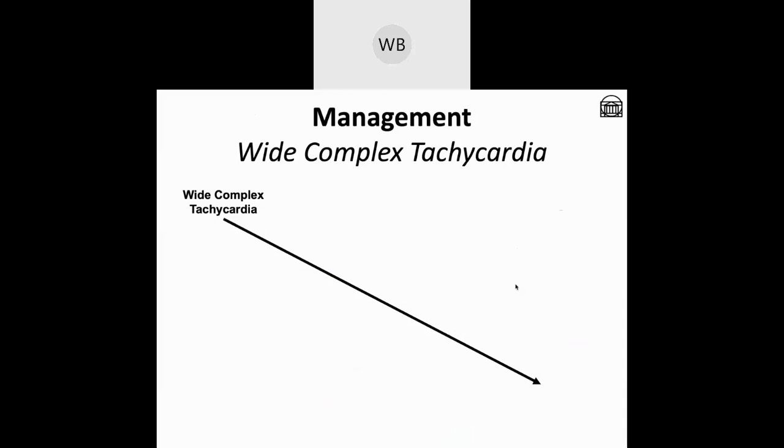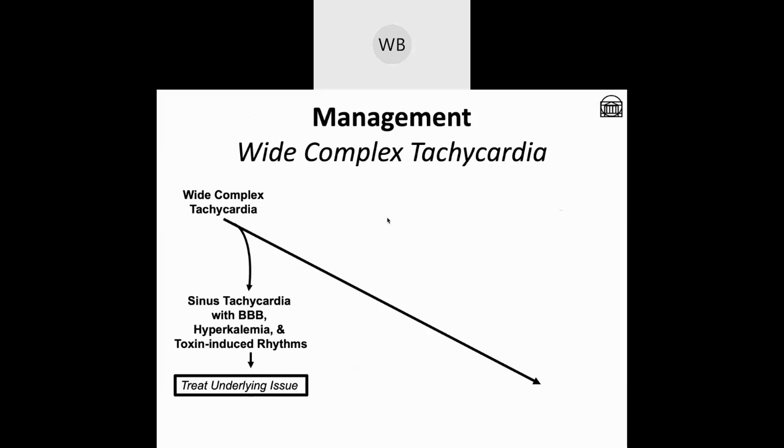So you're taking care of a patient who presents to you with a wide complex tachycardia. Of course, this is the adult patient we're focusing on, but in general, the concepts could also apply to the pediatric patient. You're looking at the rhythm strip, the cardiac monitor, the 12-lead ECG, or some combination of those.